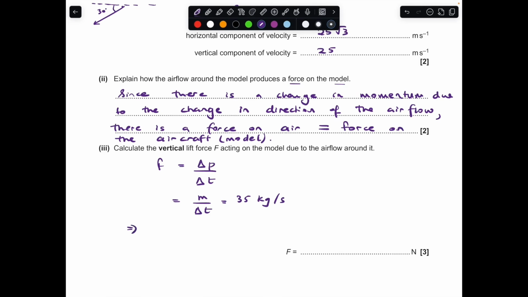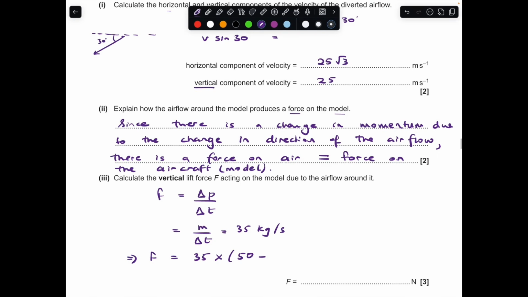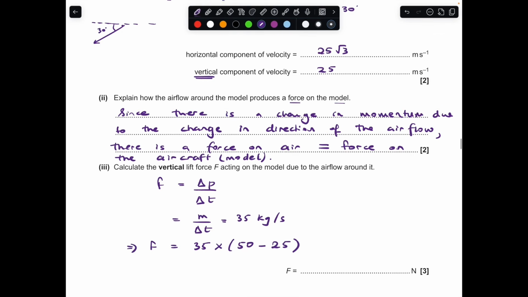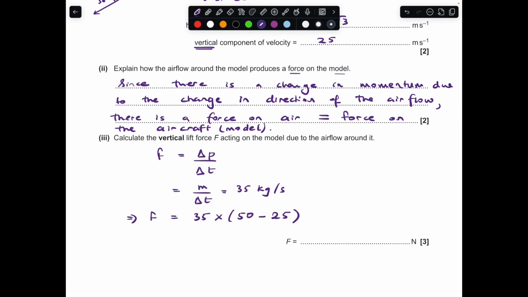Therefore, the force will be equal to 35 times the change in velocity, which was 50 to begin with, but now considering the vertical component, which is 25, so that will be minus 25, and that gives me 875 newtons of force acting in the vertical direction.